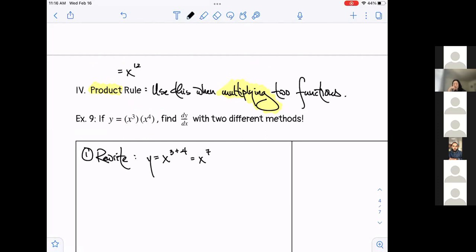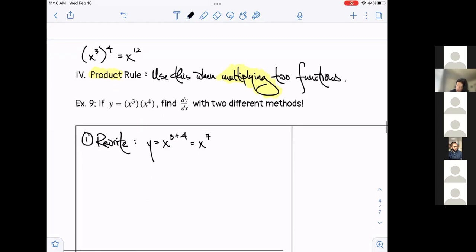Like, how could I change the original question so that at the end I actually had x to the 12th? Multiply the exponents. Yeah, exactly. So if I had x to the 3rd to the 4th, then I would be multiplying them. But when I see the variable more than one time, I'm adding exponents. All right. So we rewrote it. Turns out it's just x to the 7th.